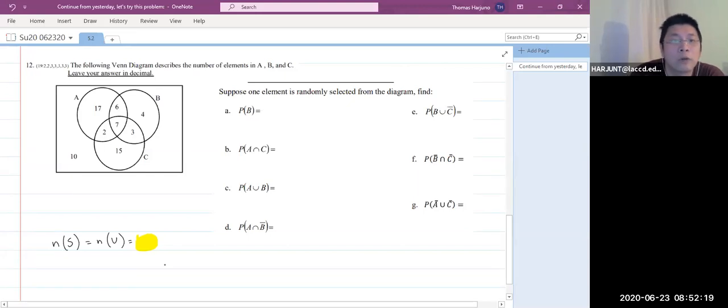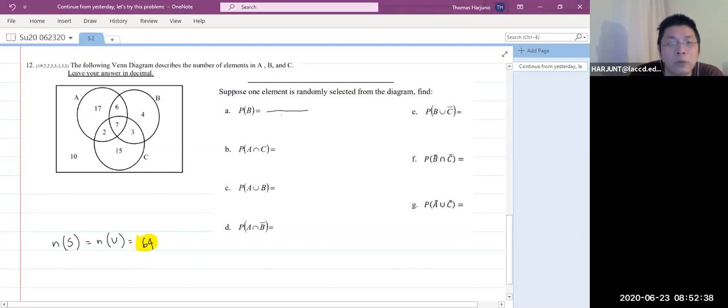The total number of elements in this Venn diagram is 64, right? Now when we ask what is the probability of selecting one person from B?